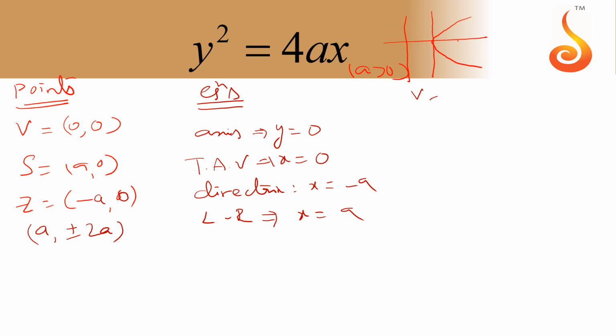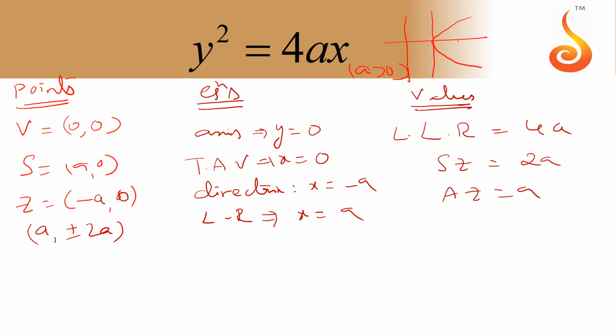Then values. So there are some numbers: length of latus rectum is 4a. SZ is 2a. AZ equals a. AS also equals a.